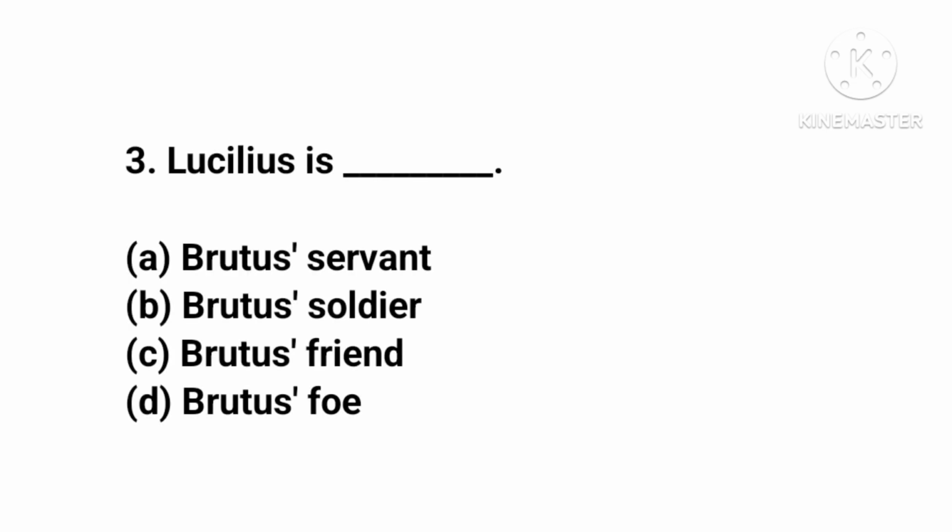Number 3. Lucilius is dash. Option A, Brutus's servant. Option B, Brutus's soldier. Option C, Brutus's friend. Or option D, Brutus's foe. So what is the identity of Lucilius?